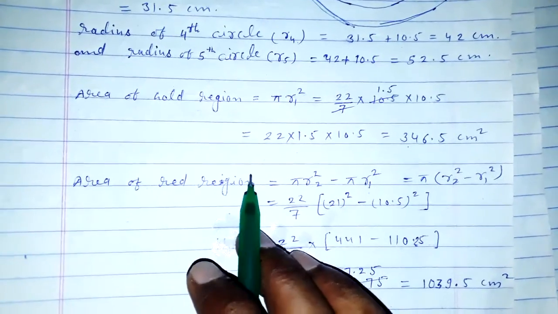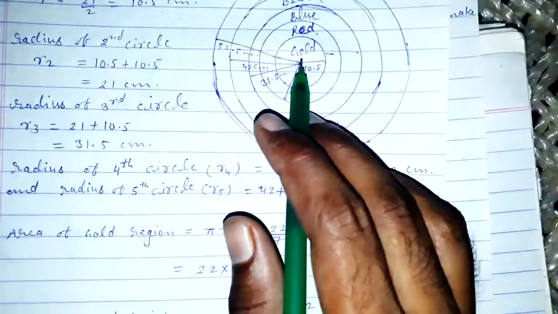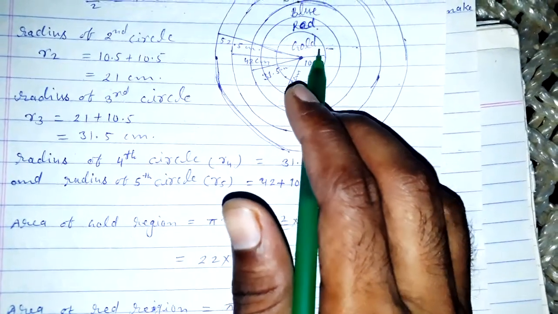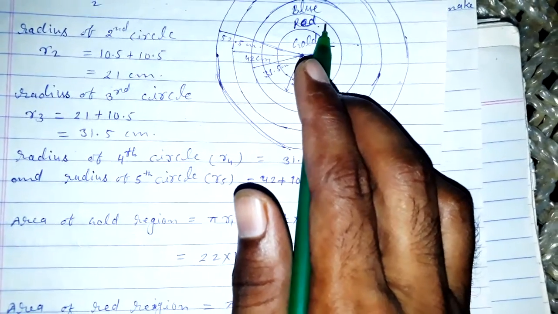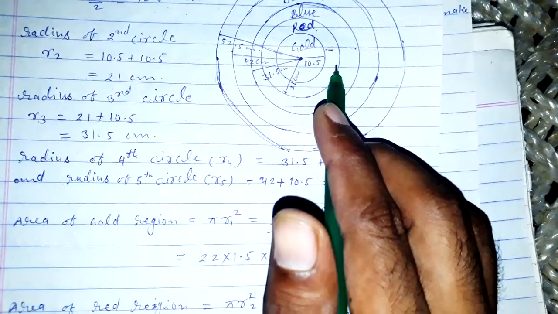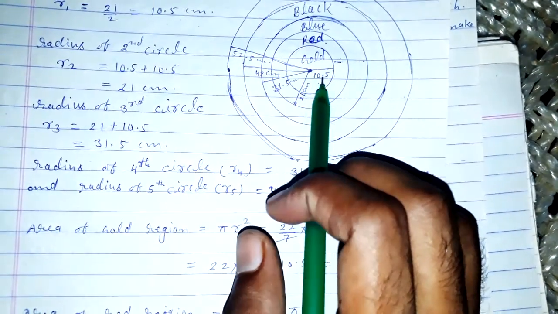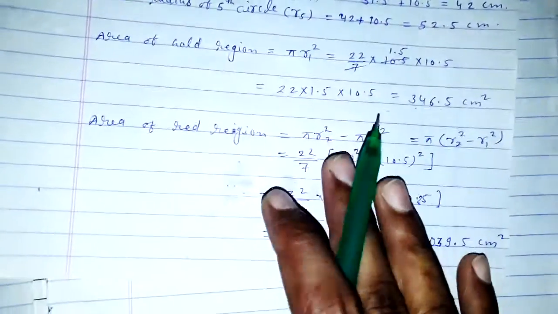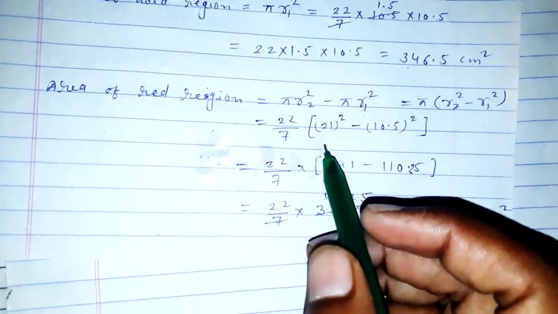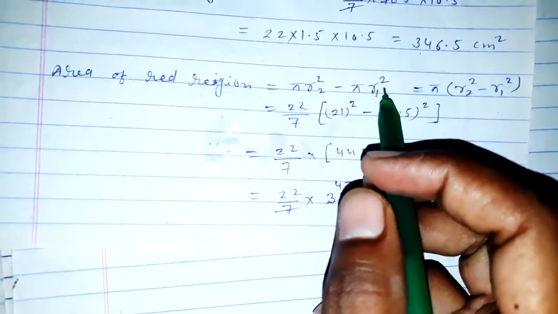Area of the red region: pi r2 square, because the complete radius is R2 and this is the first radius, so we will subtract this area from the complete area. So the area of the red region is pi r2 square minus pi r1 square.